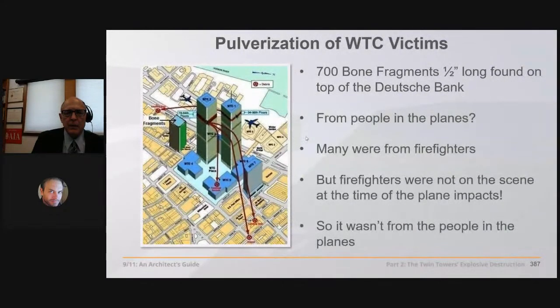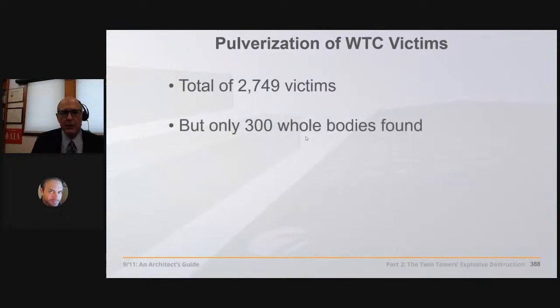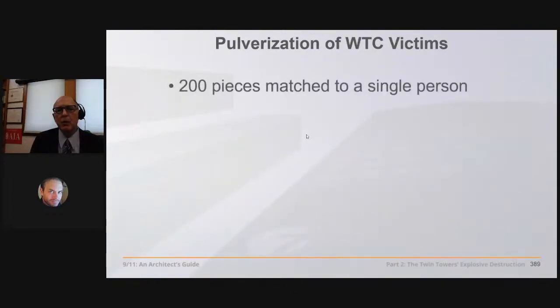There are a total of 2,749 victims of the World Trade Center, but only 300 whole bodies were found. 20,000 pieces of bodies were found altogether. 6,000 of them were small enough to fit into a test tube. 200 pieces were matched to one single person.